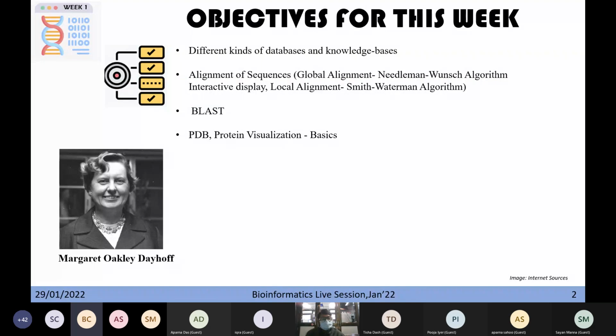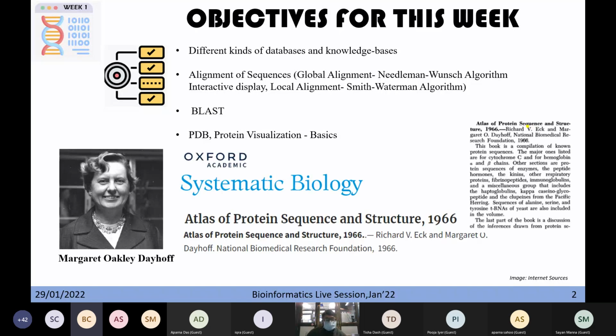We can appreciate her vision and thinking at that time, in 1966. This was the first sequence database that we know about, the Atlas of Protein Sequence and Structure, 1966. If you read this paper, you can see there were only around seven known protein sequences, and sequences of tRNAs were also kept.